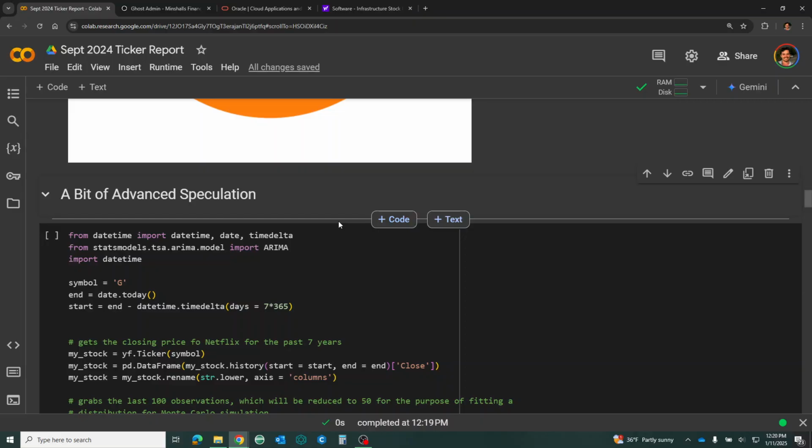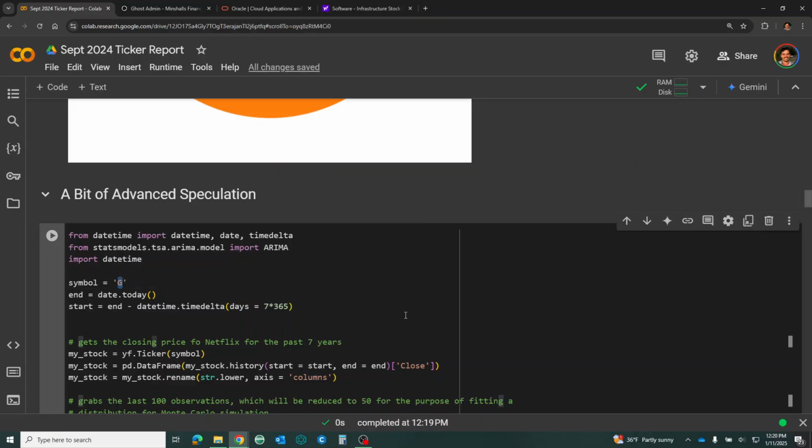I'm totally self-taught, so we are going to use an ARIMA model, which is a time series forecasting model. But the problem with forecasting models is they try to produce a price point in the future. And we're not super interested in a specific price point in the future.